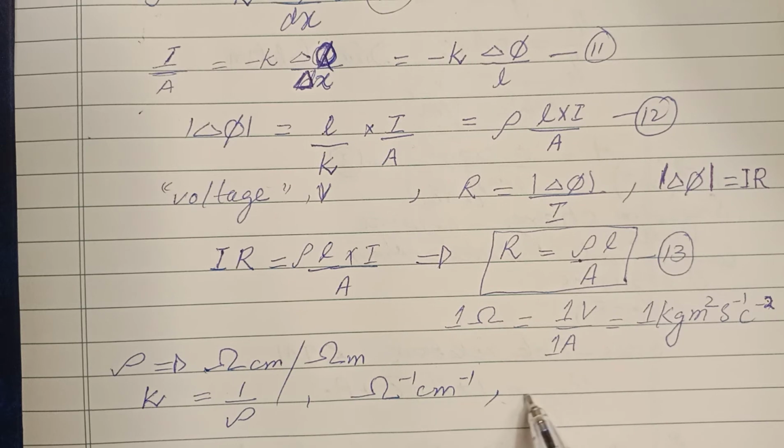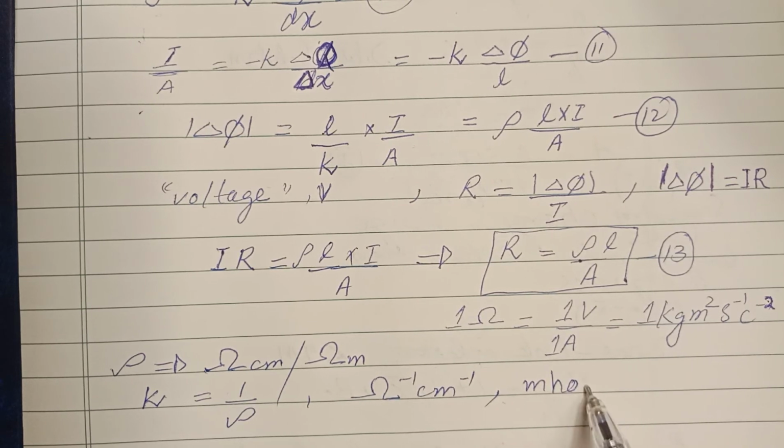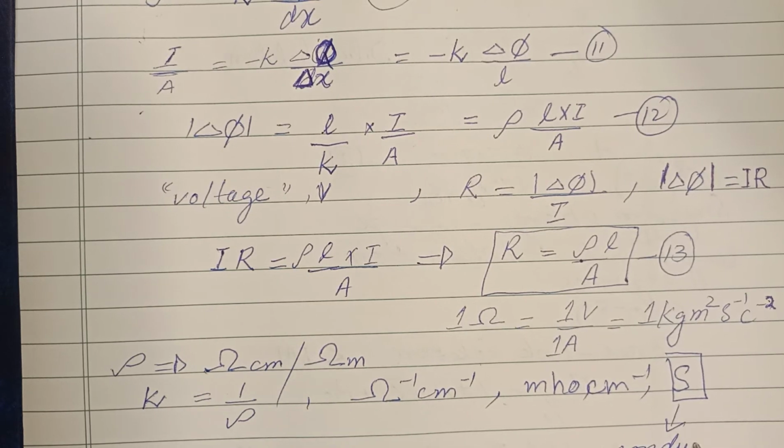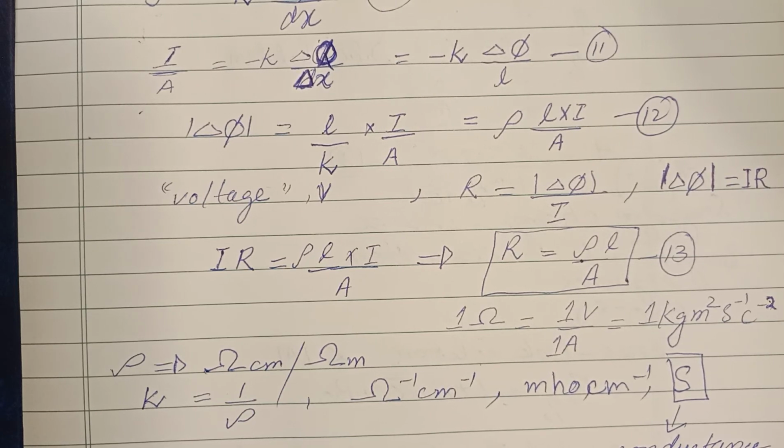The per ohm is usually written as mho, which is the inverse of ohm, and the correct SI unit of the conductivity is Siemens, that is S. So this S is only for conductance, that is reciprocal of resistance, expressed as per ohm or per mho.